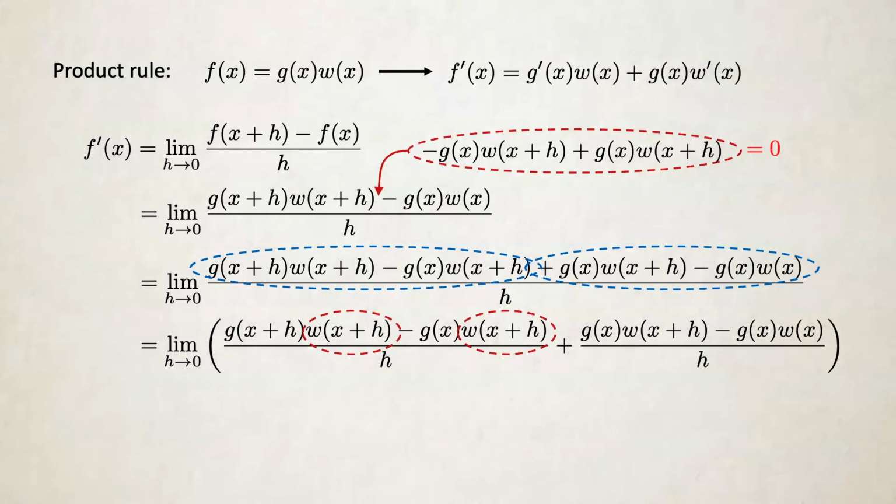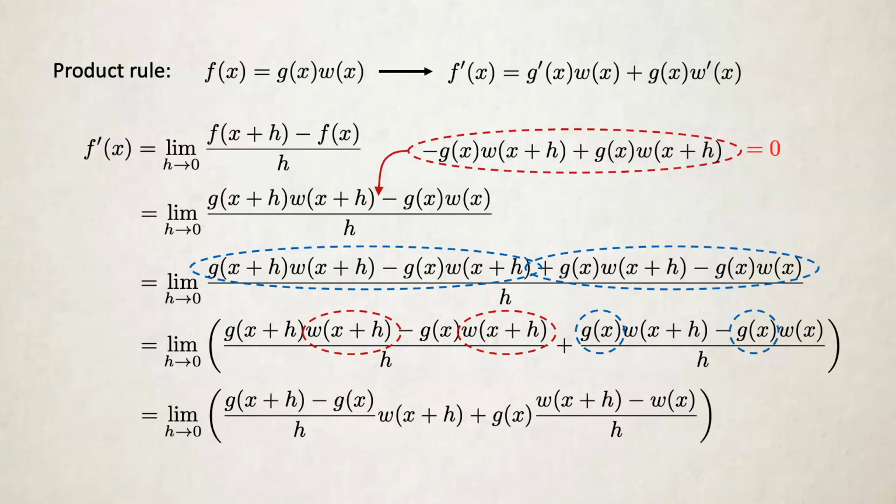Note that w of x plus h is a like term, and g of x is a like term for the second part. So pulling out those like terms, we get the limit as h approaches 0 of g of x plus h minus g of x over h times w of x plus h, plus g of x times w of x plus h minus w of x over h.